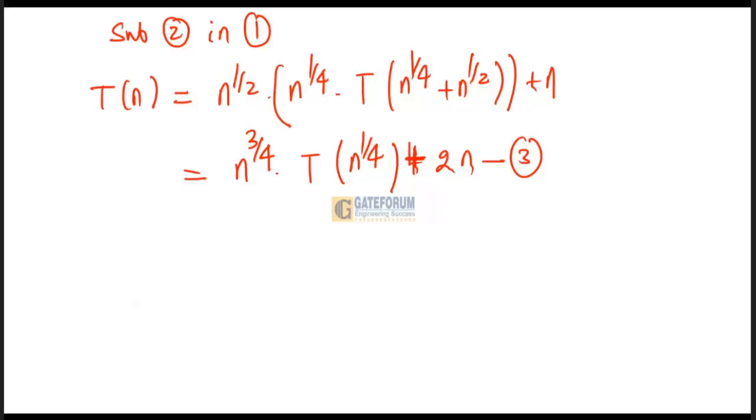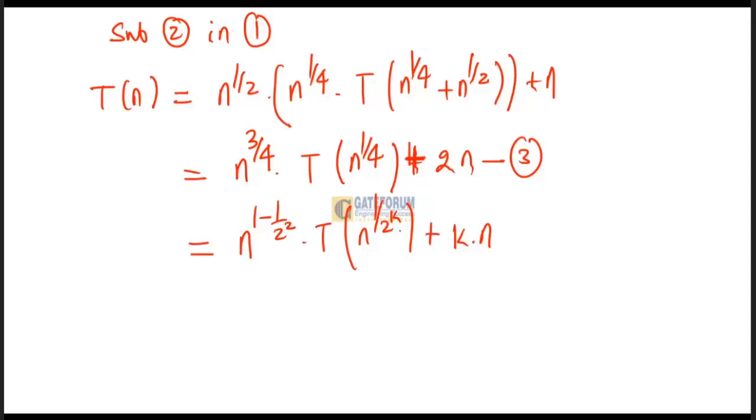Now if you will see here, if I am going to continue it again, I can write it like n^(1 - (1/2)^k), because this result will ultimately generate n^(3/4). And for easiness I am doing this: n^(1 - (1/2)^k) into T(n^((1/2)^k)) plus k into n, right?